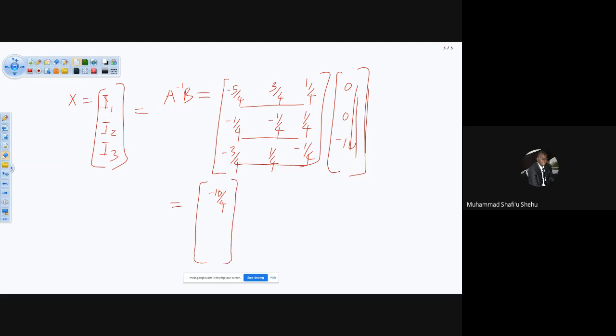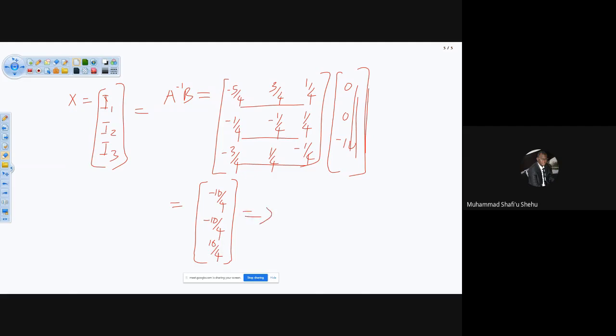So for the second row, minus 1 over 4 by 0 plus minus 1 over 4 by 0 plus 1 over 4 by minus 10. So we're going to have minus 10 over 4 again. And then for the last one, minus 3 over 4 multiplied by 0 plus 1 over 4 multiplied by 0 and minus 1 over 4 multiplied by minus 10, which is going to be positive 10 over 4.